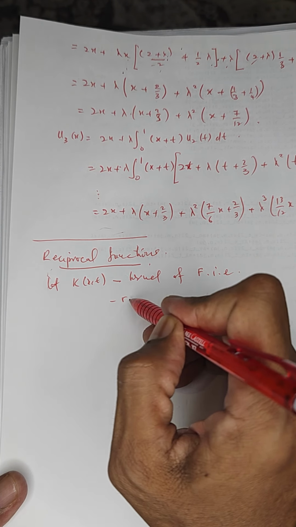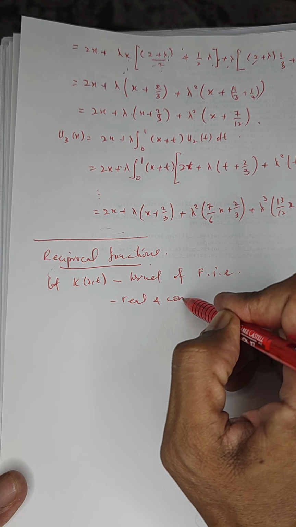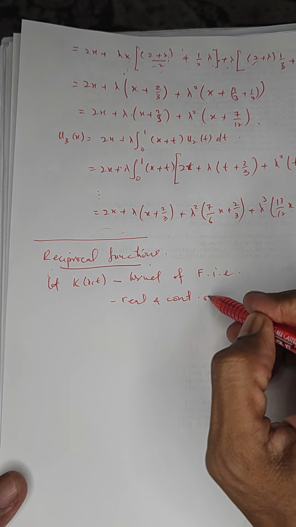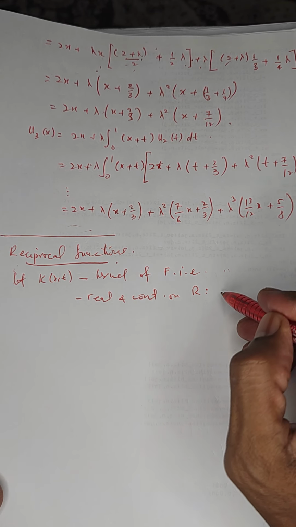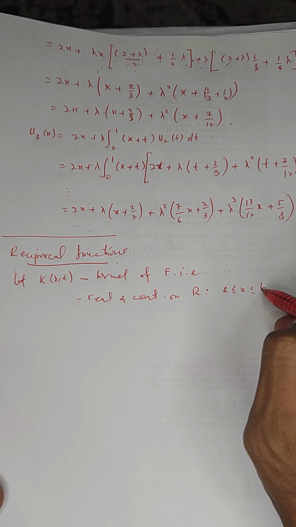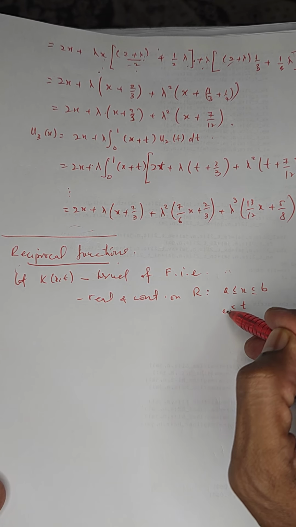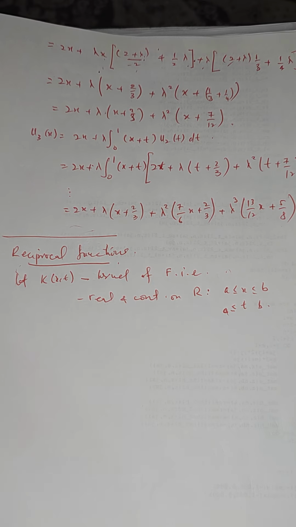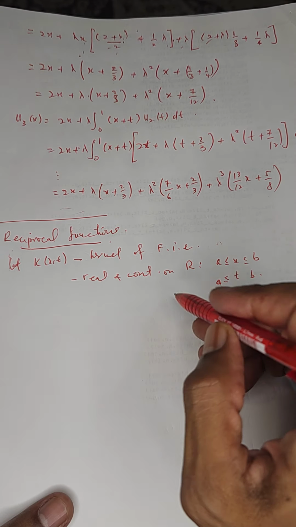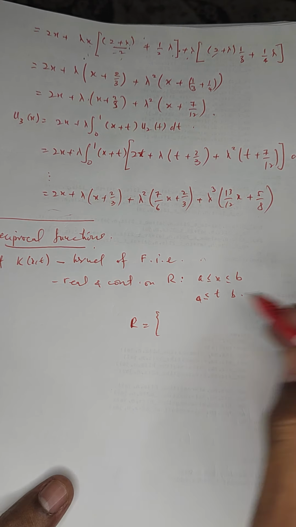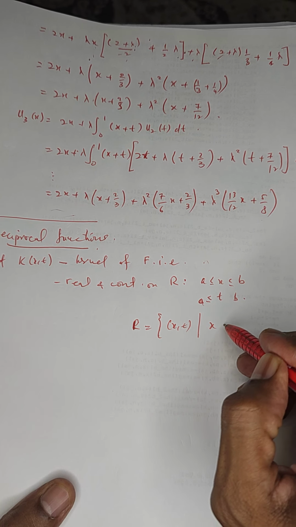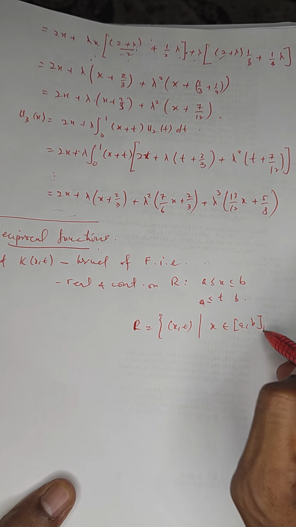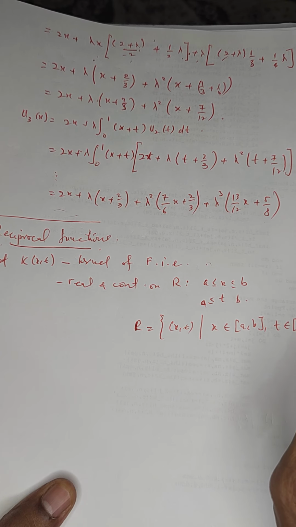So let's say this k is real and continuous on some rectangle R given as x in [a,b] and t in [a,b]. So this is your R. So basically your R is all (x,t) such that x in [a,b] and t in [a,b].